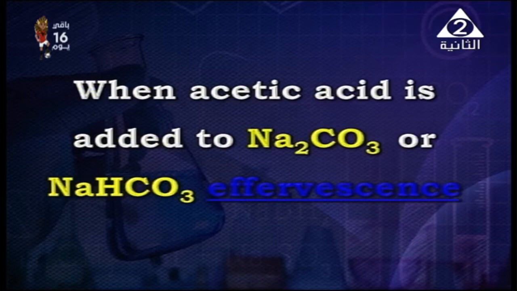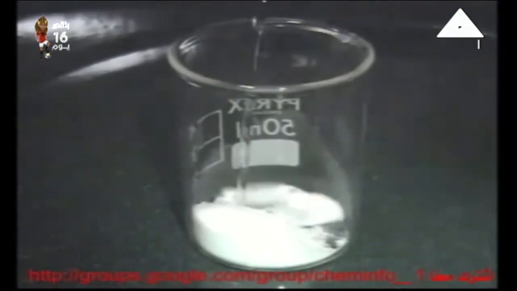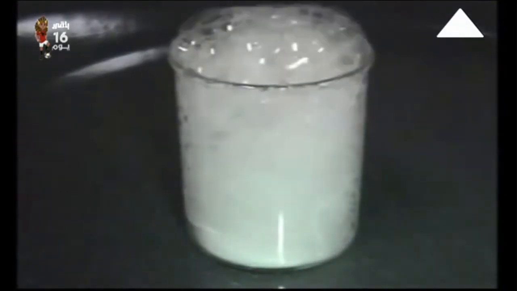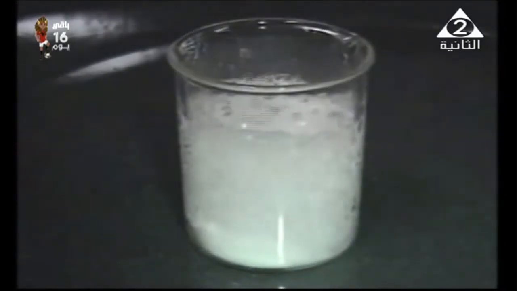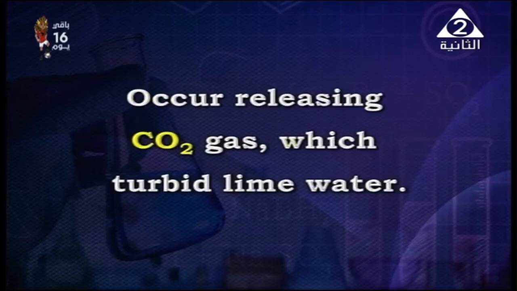Sodium carbonate or sodium bicarbonate is in a beaker, and we are going to add an organic acid to it. We will find that the evolution of carbon dioxide appears as effervescence, and so you can test it. If you pass it through lime water, it will turn turbid.